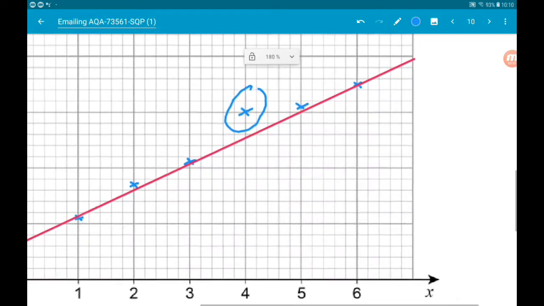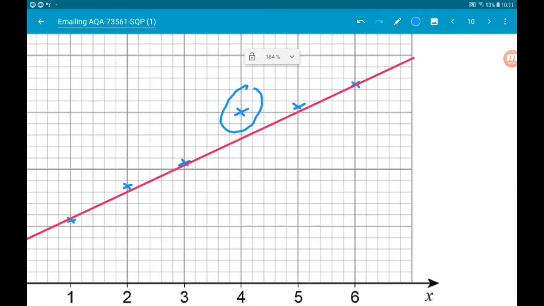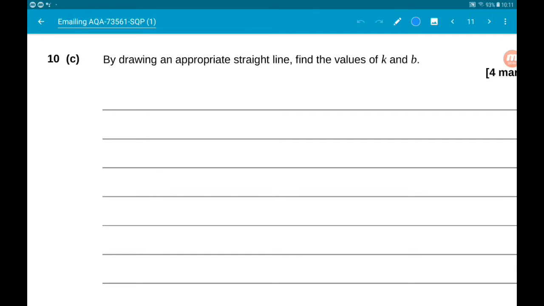So, this line is of the form log y is equal to mx plus c. So, we know that the model is y equals k b to the power of x.